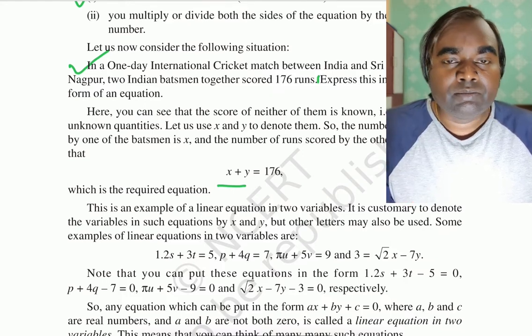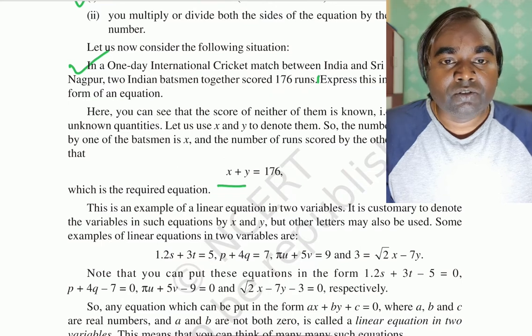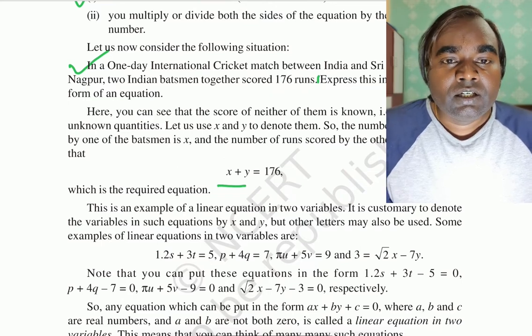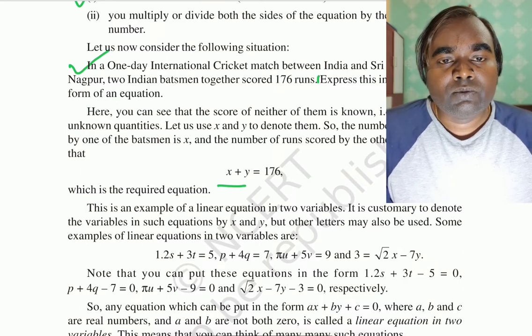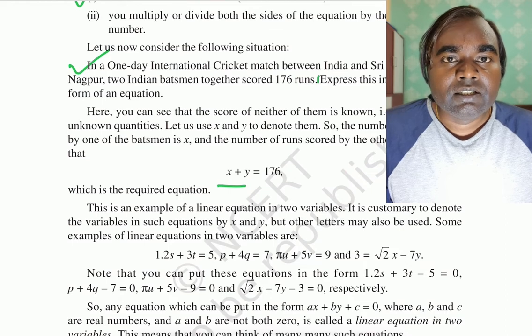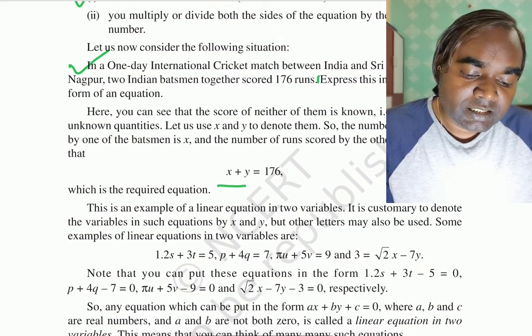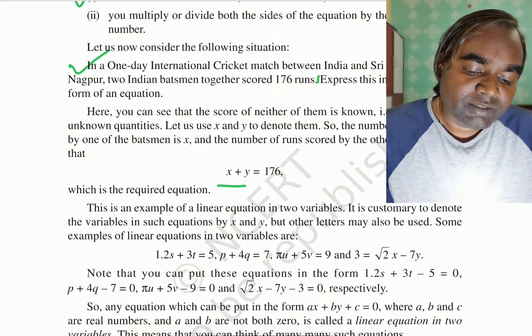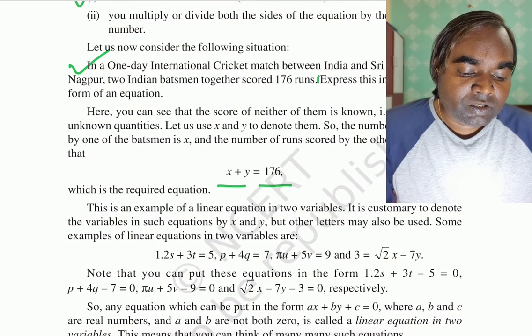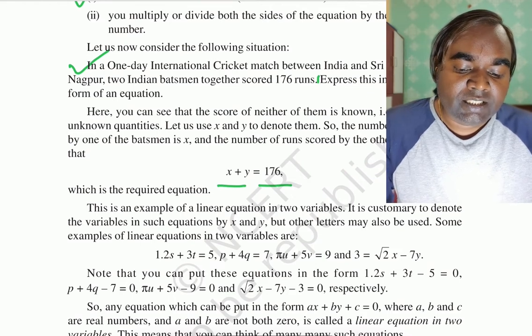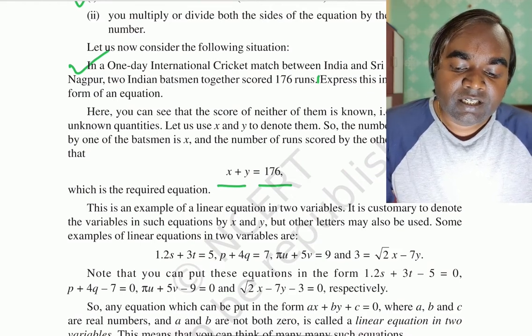Suppose the runs scored by the first batsman is x and by the second batsman is y, then the sum of the two scores can be written as x plus y is equal to 176. So this is an example of a linear equation in two variables.